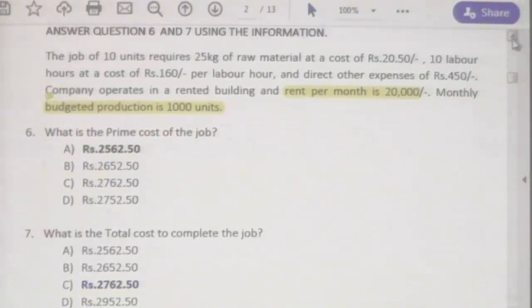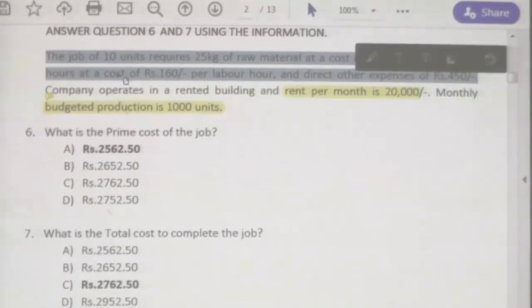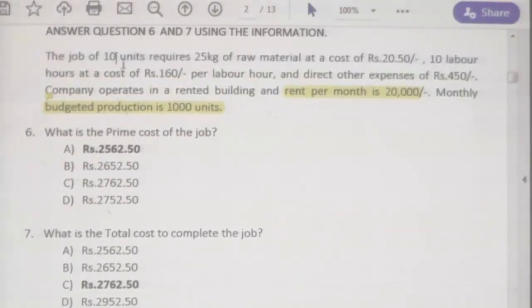In the variable cost, they have given clearly the variable cost information. Here, for 10 units, 25 kilograms of raw material, 10 hours of labor, and direct other cost of 450. That is direct cost, variable cost. This part gives you the fixed cost. Okay. What is the prime cost? Prime cost means the direct cost, or in other words, variable cost.